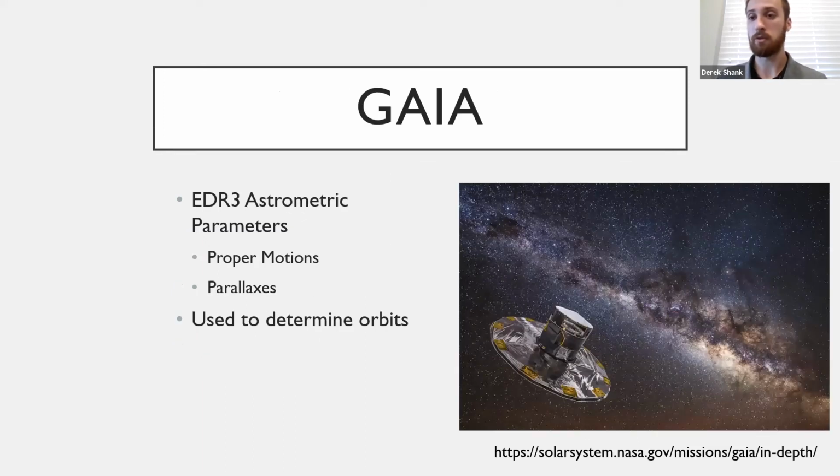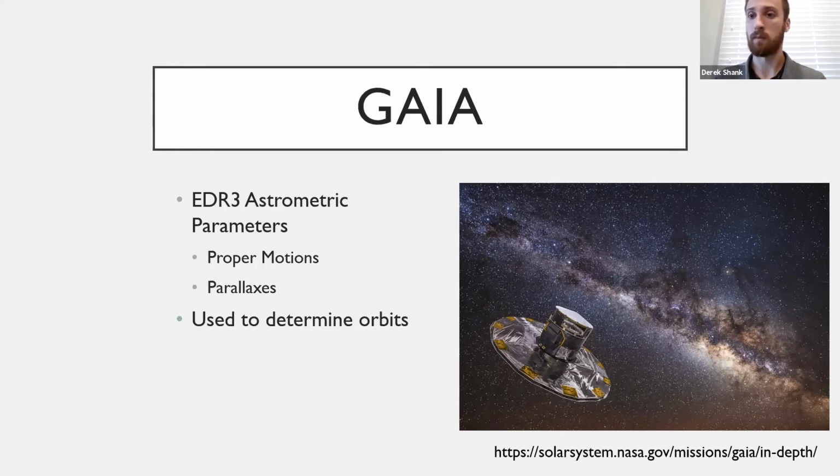The next step is to cross-match this with Gaia, which I'm sure most of you are pretty familiar with at this point. There's the EDR3 that came out in December of last year. We can use this for things such as the proper motions of the stars and the parallaxes to get distance values. GALAH provides the radial velocity values.